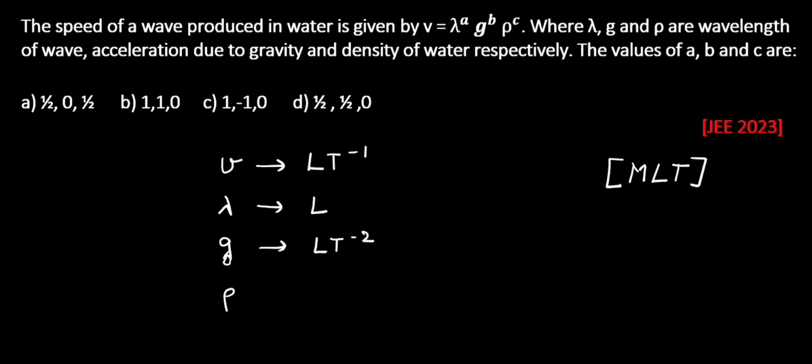For speed, it is L T power minus 1, and for acceleration, it is L T power minus 2. And for density, the formula is mass per volume, so M mass per volume, which is L power minus 3. So these are the dimensions.